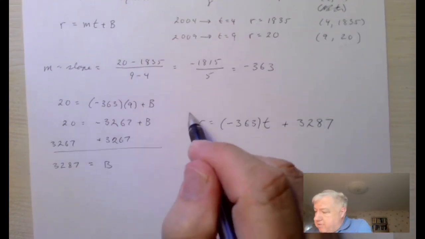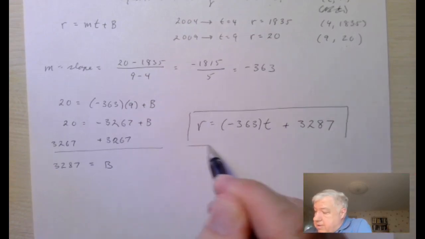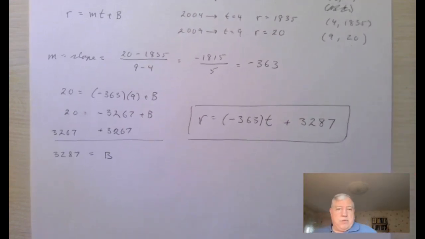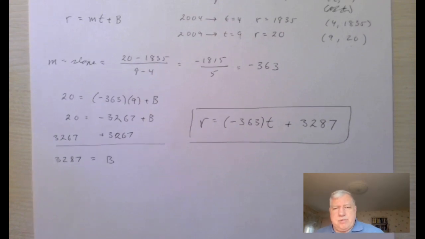That would be the linear relationship between the rushing yards and the number of years after 2000. Once again, we use T years after 2000 to keep the values of T relatively small and the calculations simple.